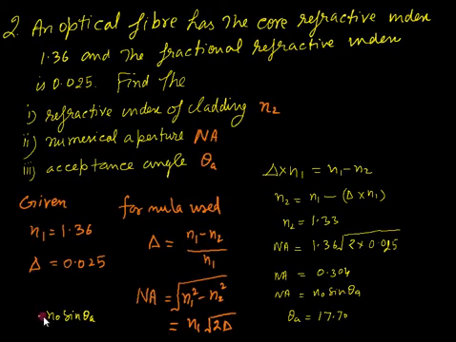If we require to calculate theta A with the help of numerical aperture, we have to first of all find out the value of N2, by using the fractional refractive index definition, that delta is equal to N1 minus N2 upon N1.